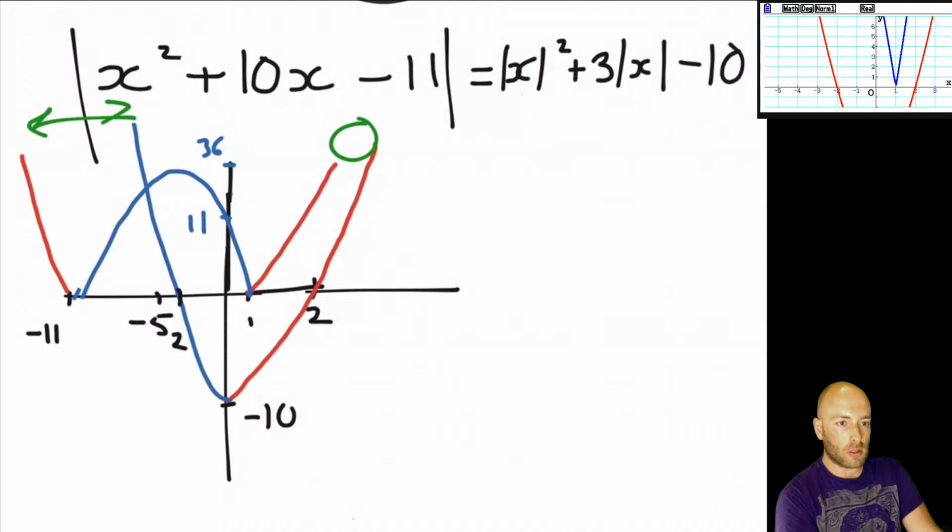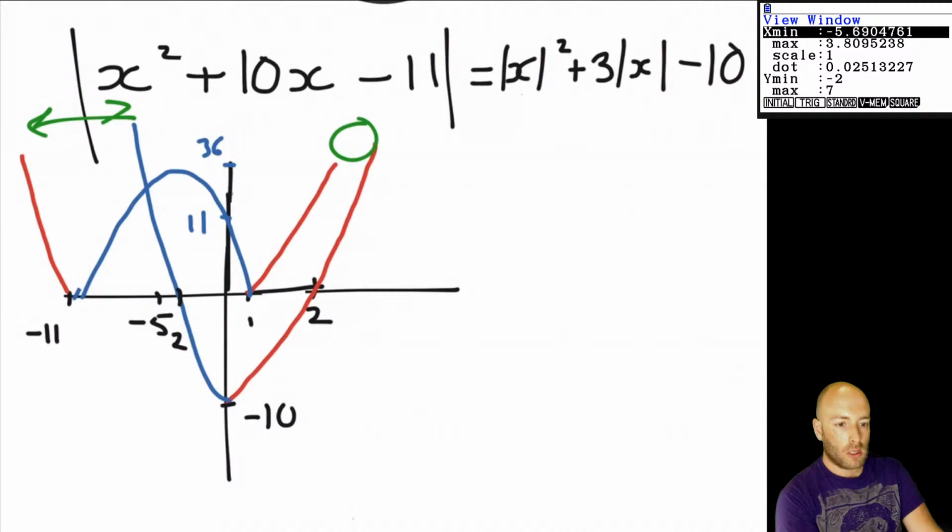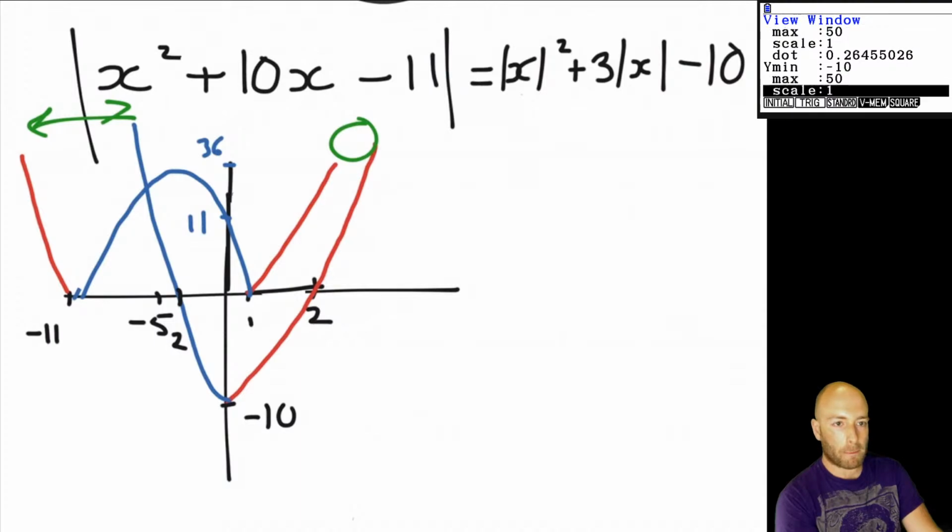So if I go to view window, let's go to minus 50, 50. The y values, we don't need to go any further down than minus 10, so I'm going to go to minus 10 there, and max y values, let's make it quite big, maybe 50 there.